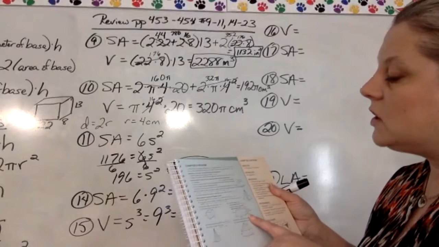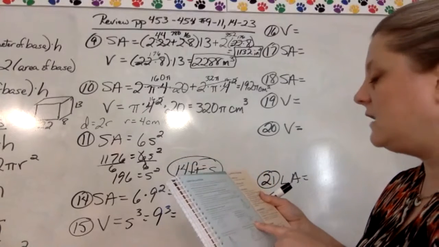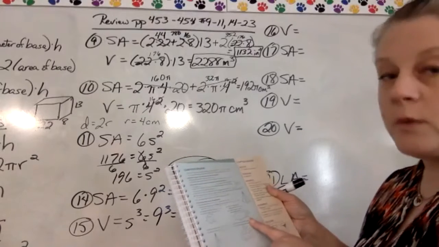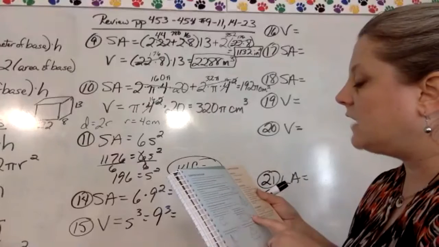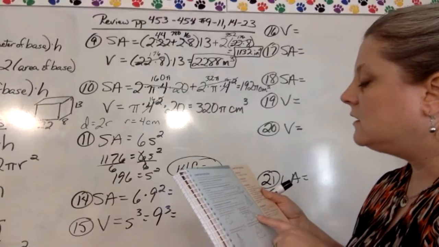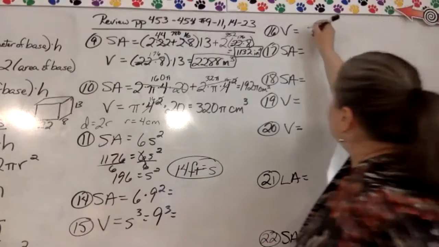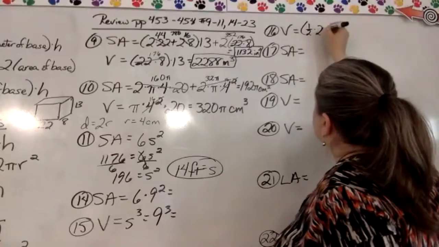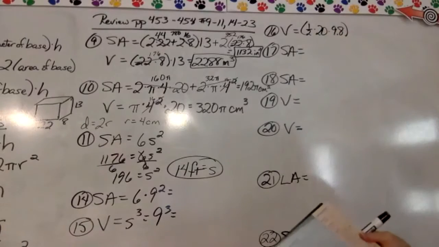So you have to look closely and figure out what is the base of the triangle and the height of the triangle. It looks like the base of the triangle on the end is 20. And the height of the triangle, they drew that little line out there, looks like it's 9.8. So I have 1/2 times 20 times 9.8. That's the area of my triangle base.